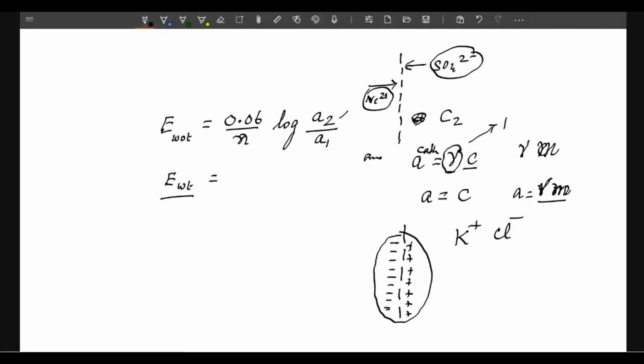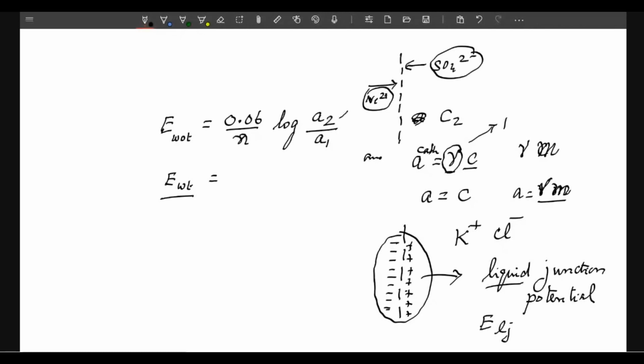This potential we call the liquid junction potential. The two different concentration liquids at this junction point, due to the difference in ionic mobility, create a charge separation. That we call the liquid junction potential, and we represent it as E_LJ.